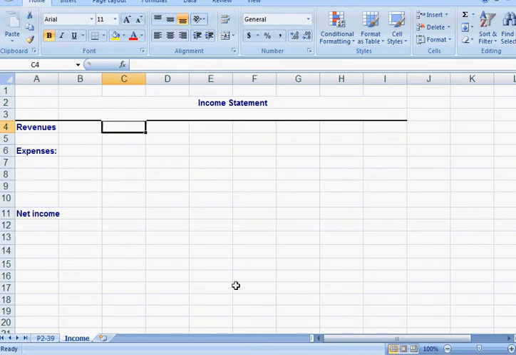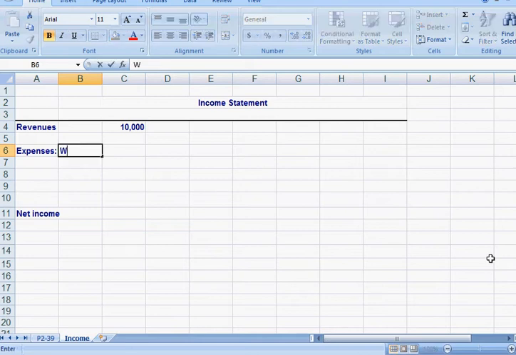So for revenue, we had $10,000. Then we're going to do expenses. If you look there, we only had the one revenue. Wages, which was $2,200.